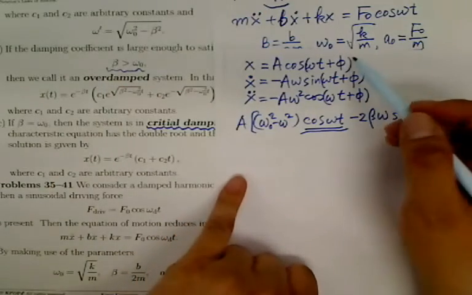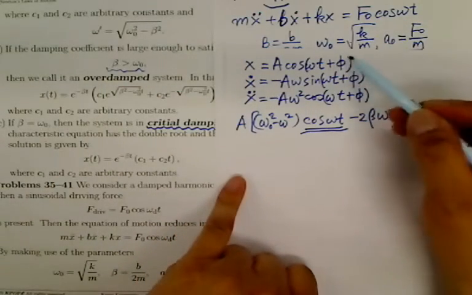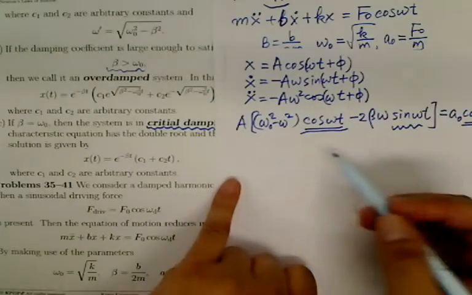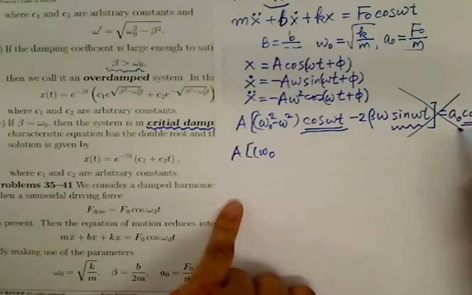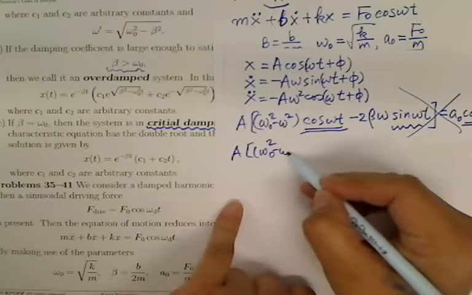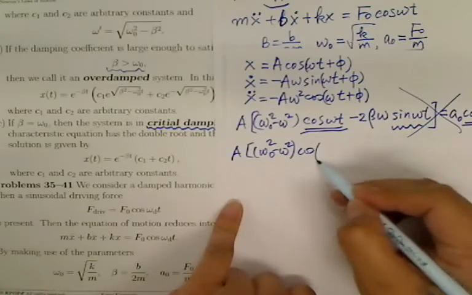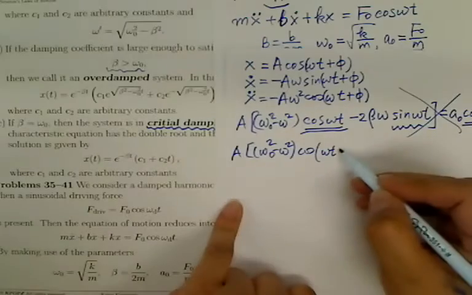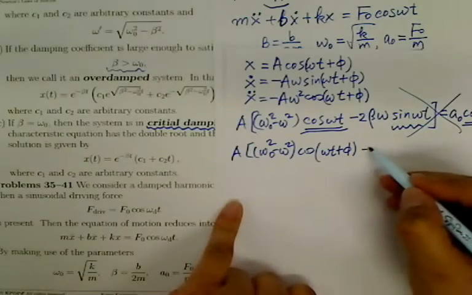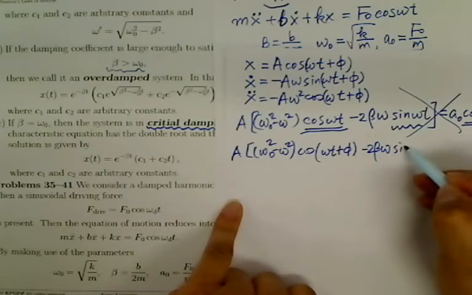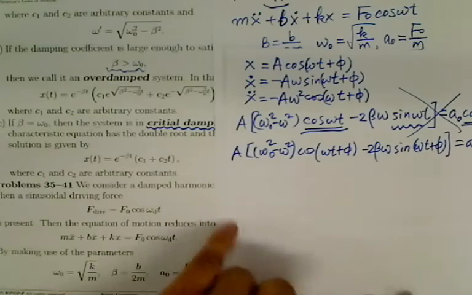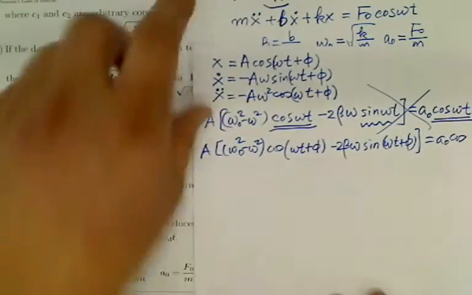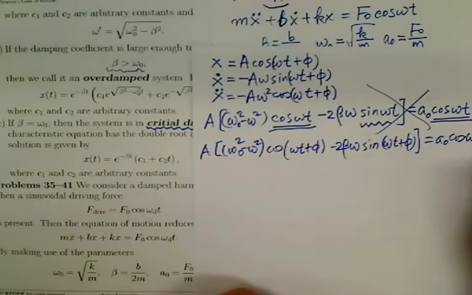So if I add this phi, these relations are all fine, except that omega 0 is wrong. So omega 0 squared minus omega squared, cosine omega t plus phi, minus 2 beta omega sine omega t plus phi, equals A0 cosine omega t.